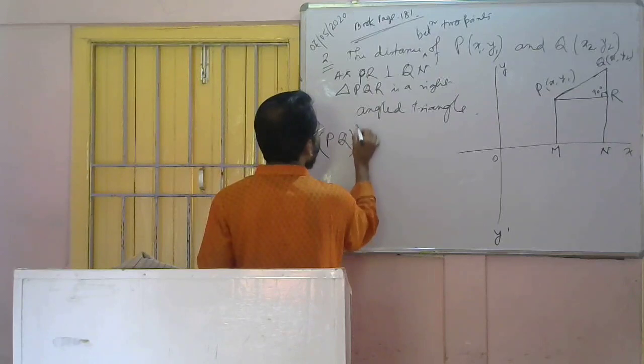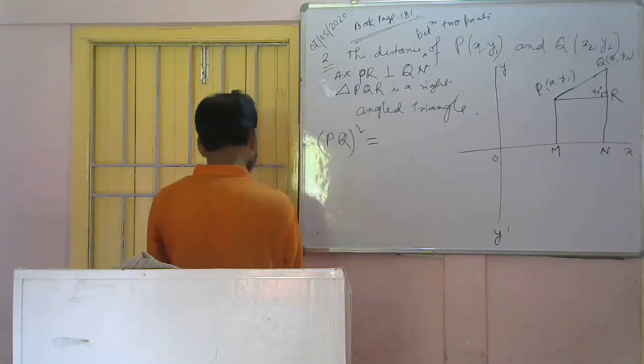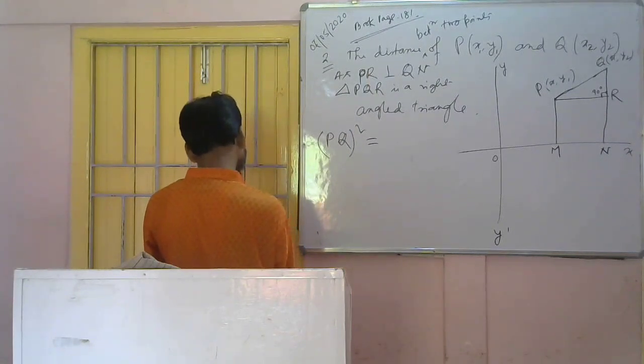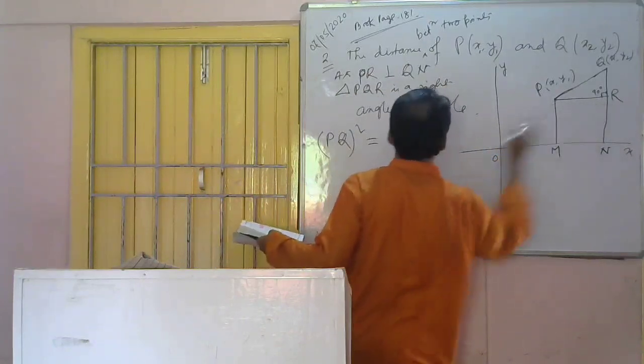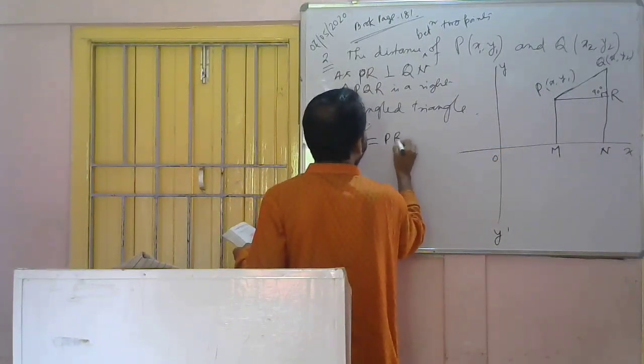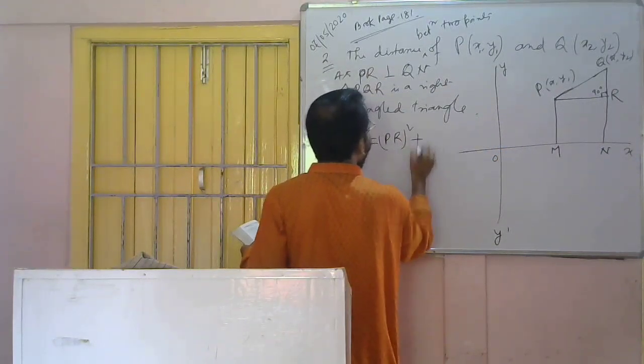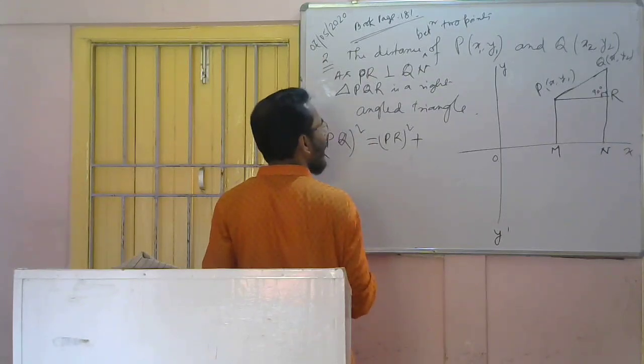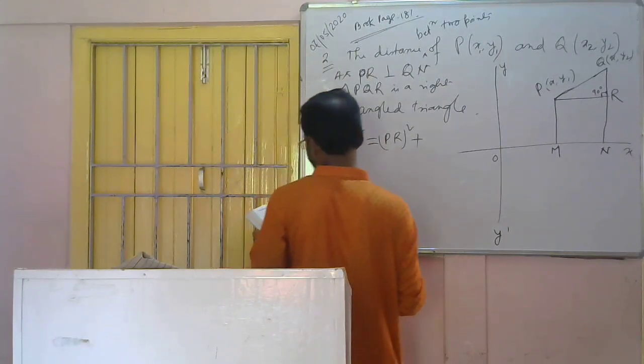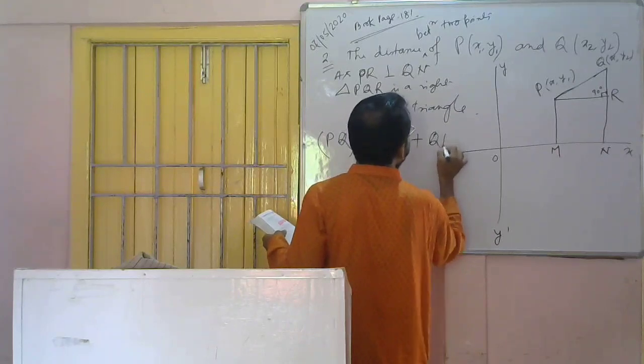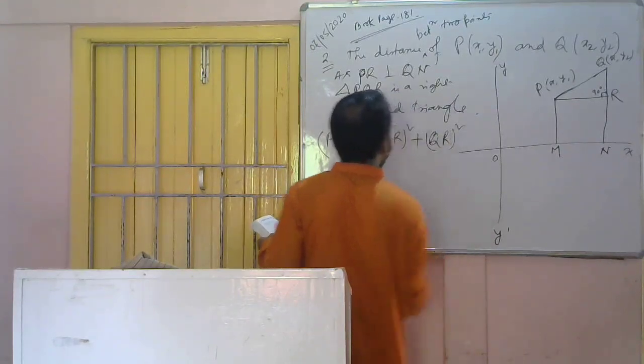So PQ square will be PR square plus QR square.